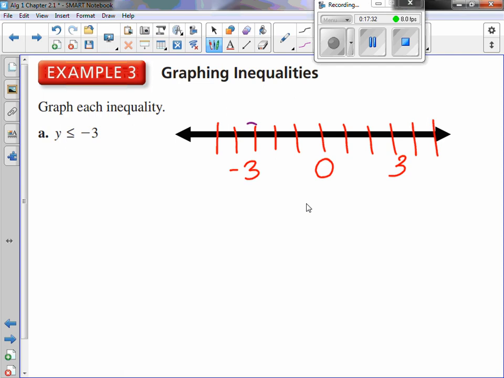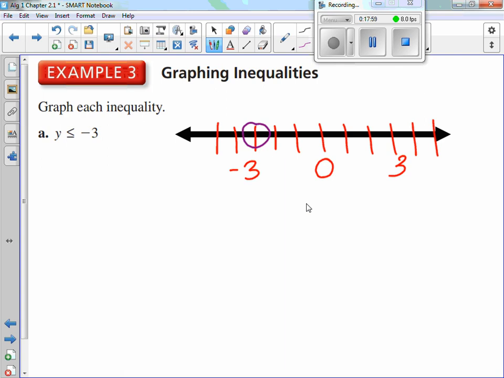So at the point negative 3, we make a circle, yes? And the circle can be what? Opened or closed, yes? The circle is open when it's greater than or less than. It's closed, we fill it in when it's what? When it's equal to. When we have it being equal to, we close it, we fill it in.